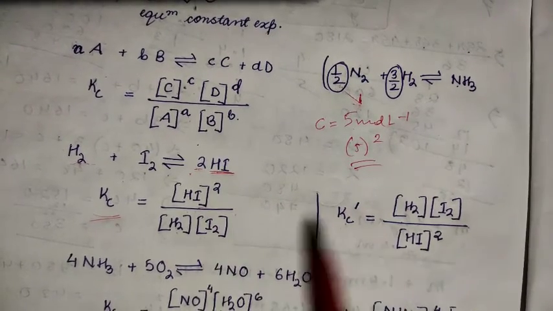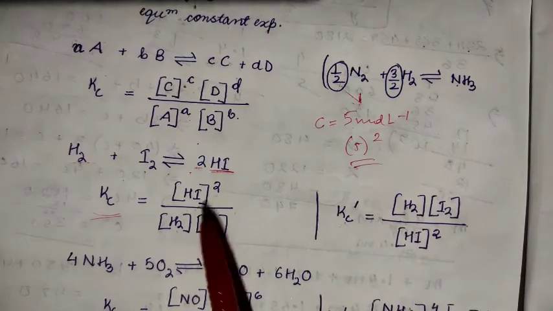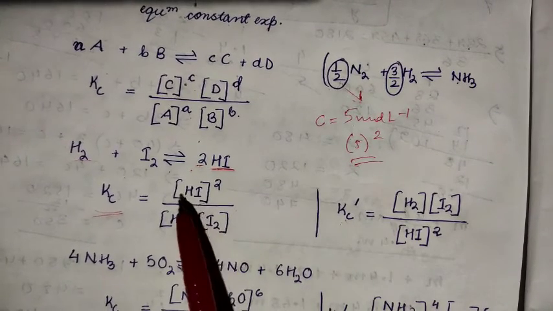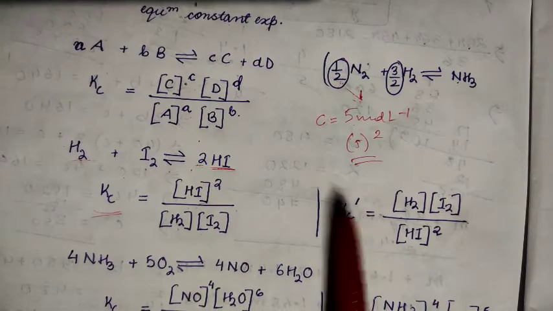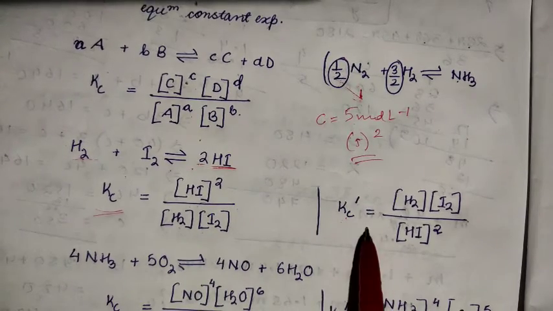What you have concluded here is that it is reverse, right? 1 by Kc will give us Kc dash.